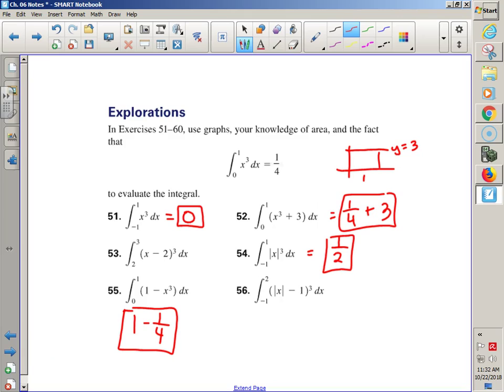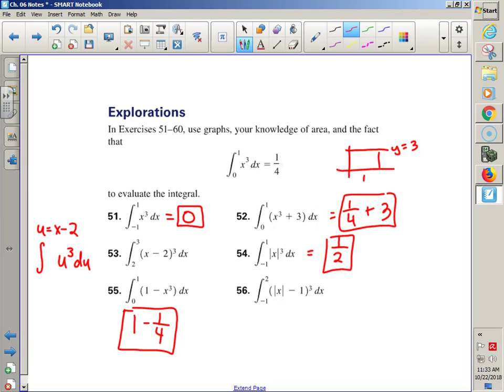All right, we've avoided 53 enough. What's going on in 53? u is equal to x minus 2. So we could go ahead and make this, right? The integral of u cubed, and then derivative of u is just 1 dx, right? So then du.